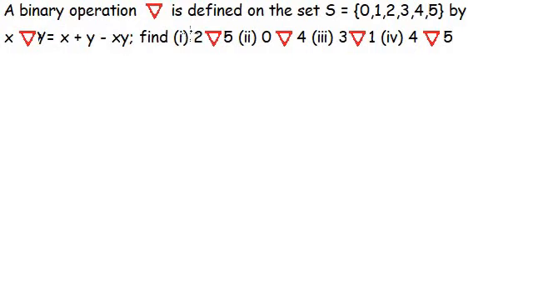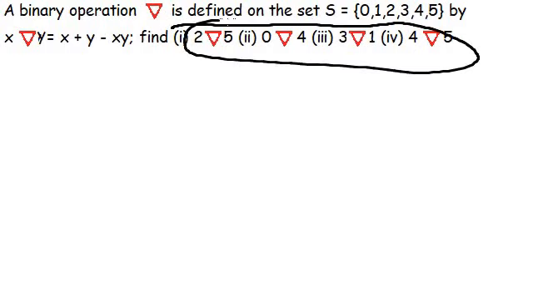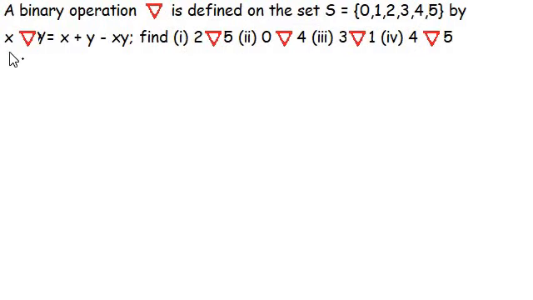So we have to try and evaluate some two numbers being combined with that operation. What will be 2 inverted triangle 5? Just like before, you see your x value as the first number and your y value as the second number.